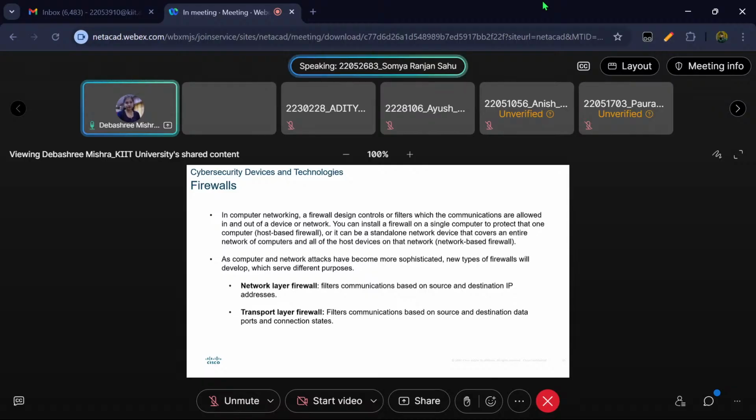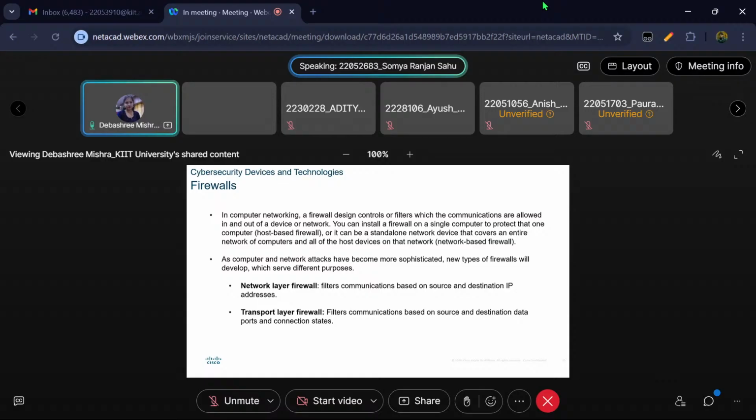In this, there are two types: the network layer firewall and the transport layer firewall. The network layer firewall is based on your source and destination IP addresses. The second is based on your source and destination data ports and the connection. Understand these two differently.